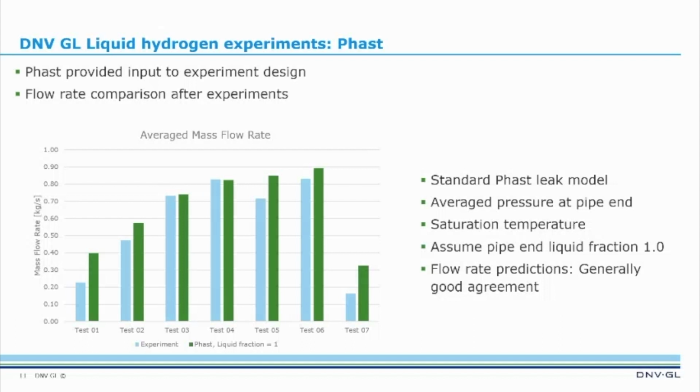So far, we did some calculations as input to the experimental design in terms of the mass flow rates, and it's quite a tricky calculation because we don't know how much the heat transfer potentially along the pipe is going to affect the source term, and whether it's really liquid or already two-phase at the exit to the pipe. But the mass flow rates we predicted are really quite good, so we're quite confident with that.